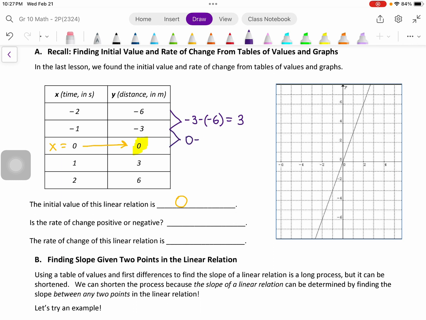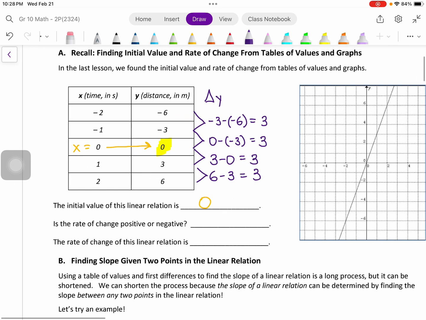From 0 to -3, so 0 subtract -3 or 0 plus 3, also 3. 3 subtract 0, and 6 subtract 3. So these are our delta y, or our change in y.